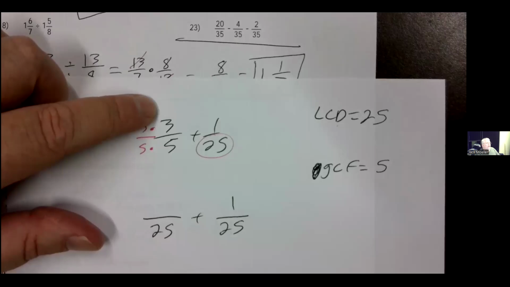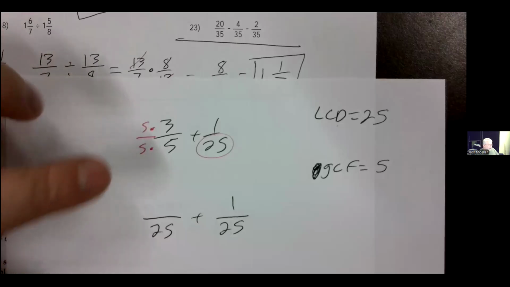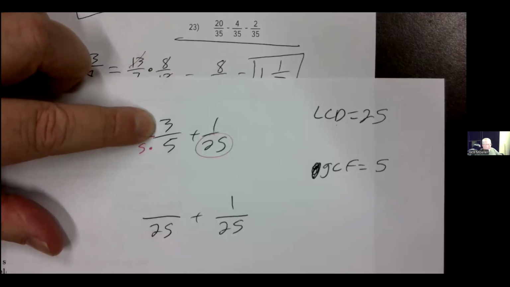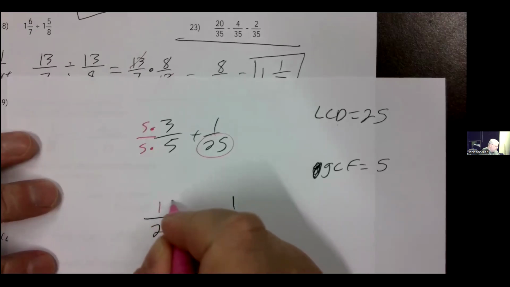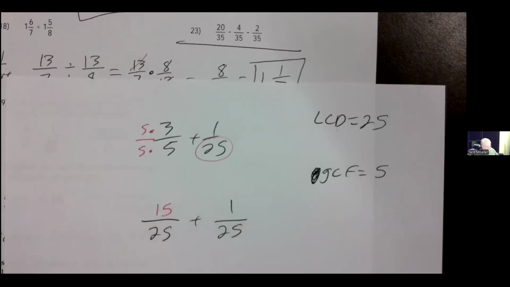It means you're not changing the numerical value. You're changing how it looks, but not the value. If you're just multiplying the bottom by 5, you're no longer multiplying by 1. You're totally changing that number, totally changing the problem. Guaranteed wrong answer. All right, so 3/5 is equivalent to 15/25.